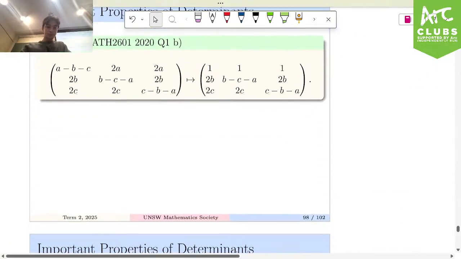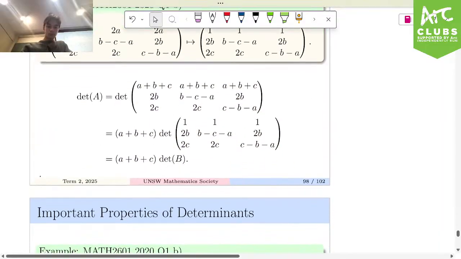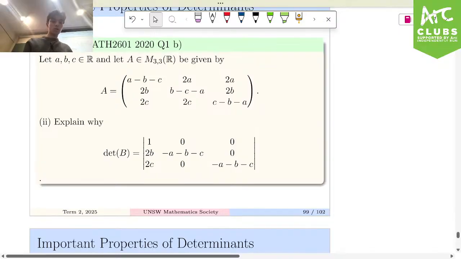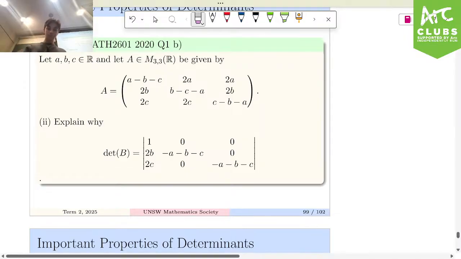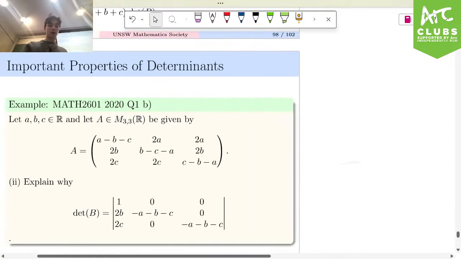Moving on though, we want to now show that the determinant of B is equal to the determinant of this new matrix, right? Well, we can apply the same property, right?